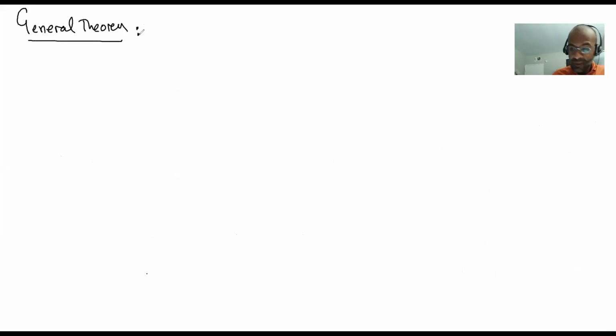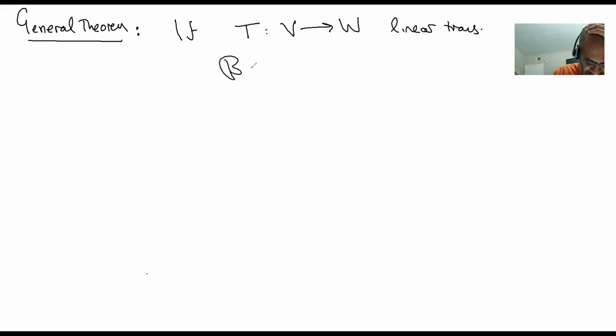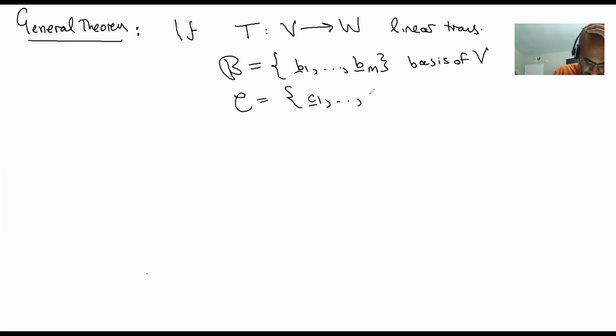So the general theorem is: if T is a linear transformation from V to W, and you have two bases of the input and output spaces, B equals B1 through Bn is a basis of V, and C equals C1 through Cm, these may not be the same, is a basis of W. Then this matrix: what did we do in this construction?